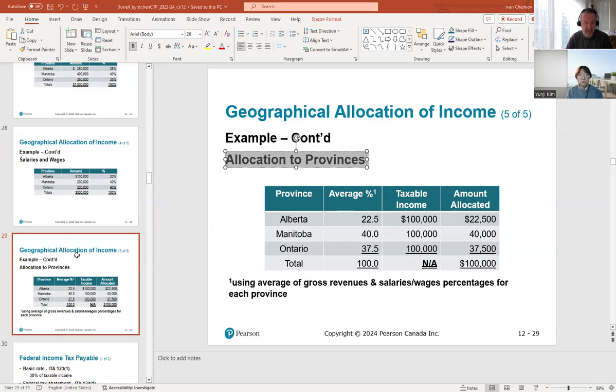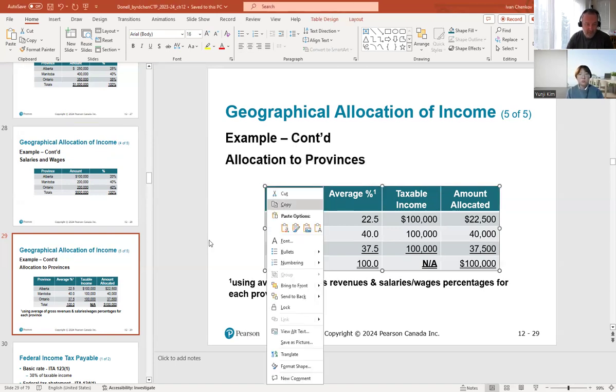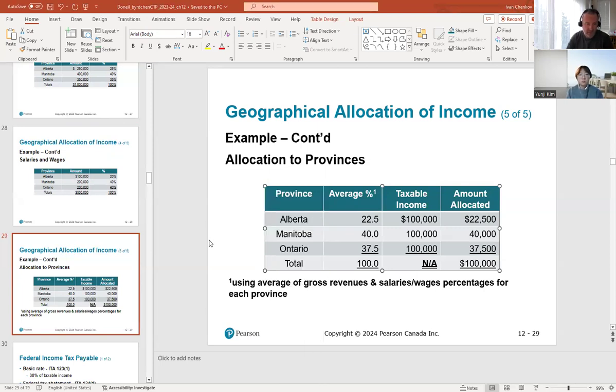So the allocation of the provinces, I'm going to give you the Excel spreadsheet anyway. See how they come up with the amount allocated.